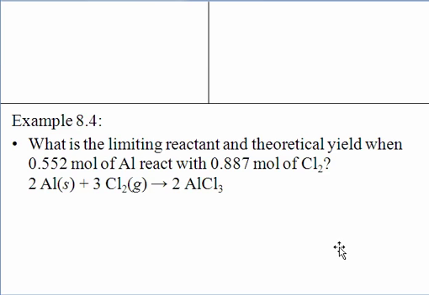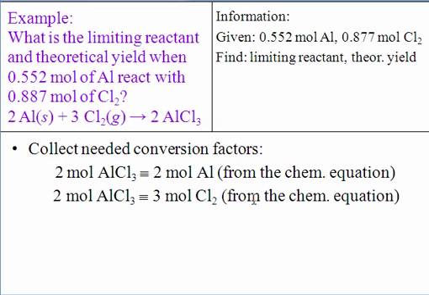So let's look at this example. What is the limiting reagent and theoretical yield when 0.552 moles of aluminum react with 0.887 moles of chlorine? And here's our balanced equation. Well, the first thing we want to do is write down what we're given.